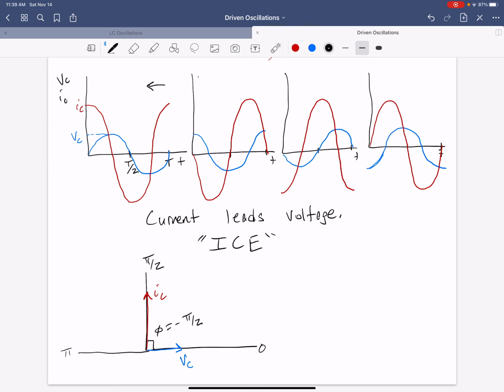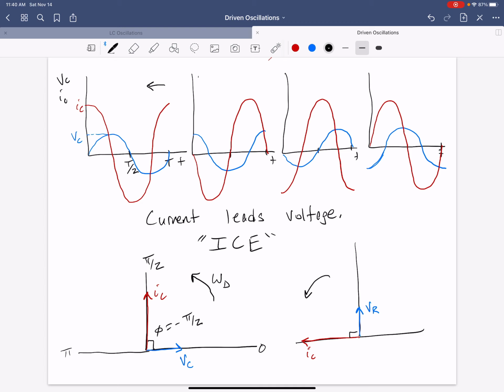I know it's not the positive direction like you're used to, but if they're both co-rotating in the counterclockwise direction, they will always maintain this orientation. Okay? The current will always come before the potential if they're rotating counterclockwise, meaning 1/4 of a phase later, that's V, and that's I. Okay, still pi halves apart, and they're still rotating that direction.